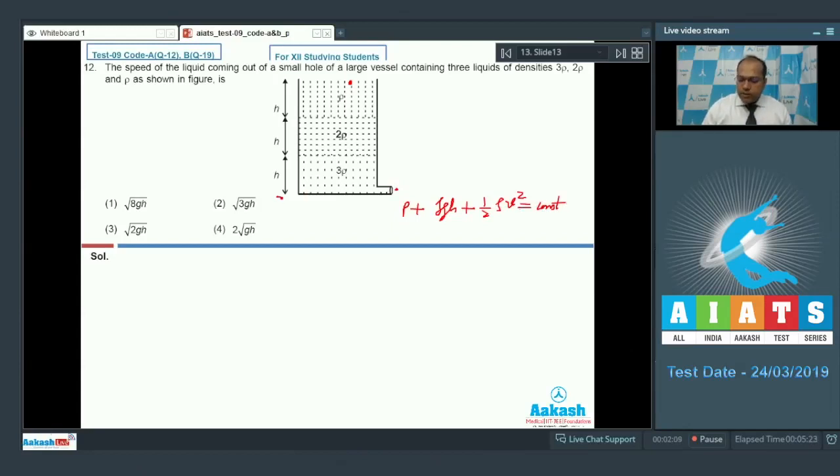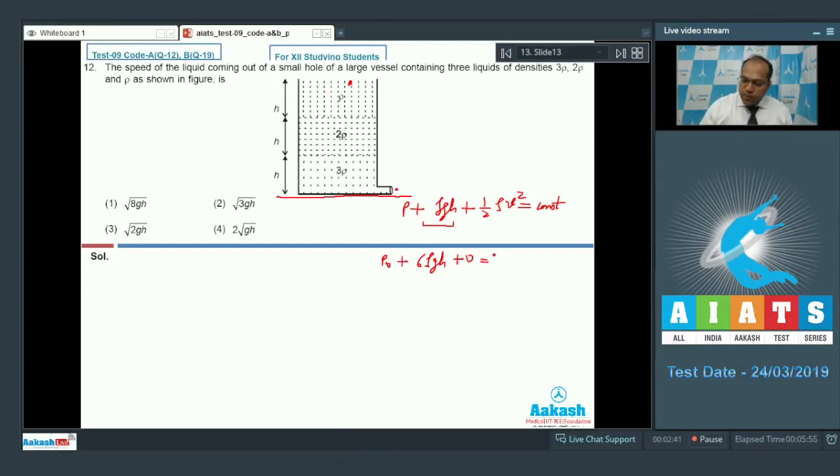So I am considering this as my reference frame for the measurement of height. At this point I can write atmospheric pressure is P naught, and this expression at this point can be written as 3 rho gh plus 2 rho gh plus rho gh. So net it can be written as 6 rho gh, and the velocity of the liquid at this point is approximately 0, as this cross section is very large.